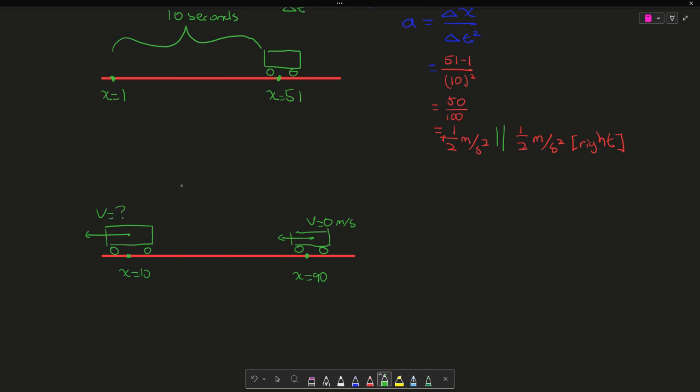Let's say it had a constant acceleration of negative 10 meters per second squared. Remember, it's negative because it's going to the left, so it's going in the other direction.